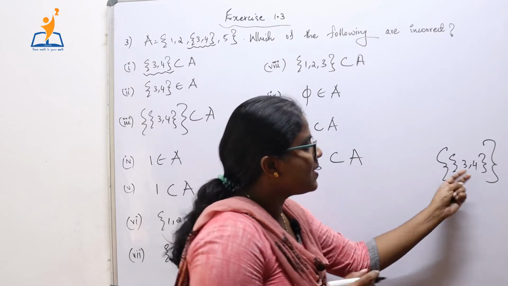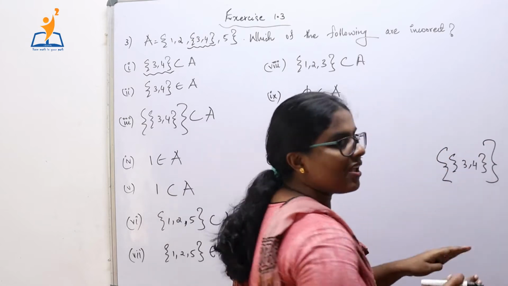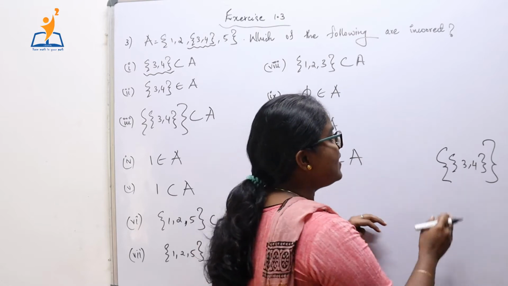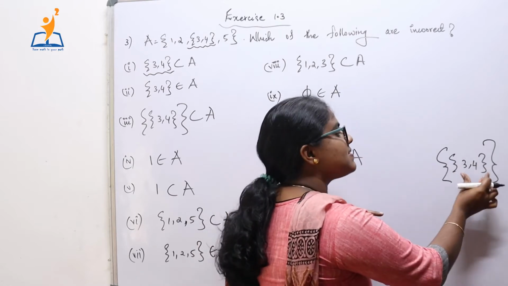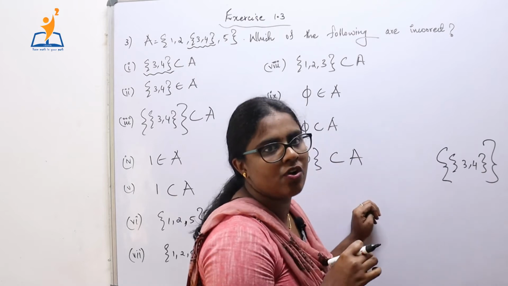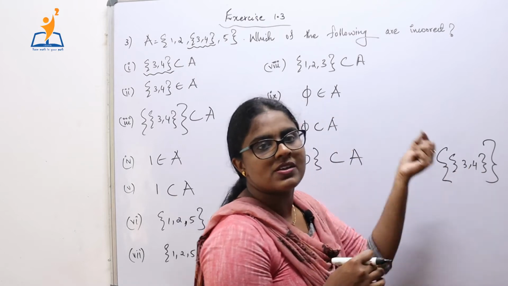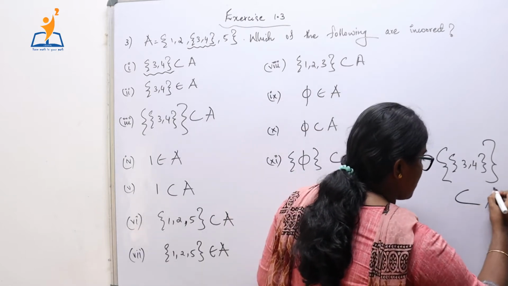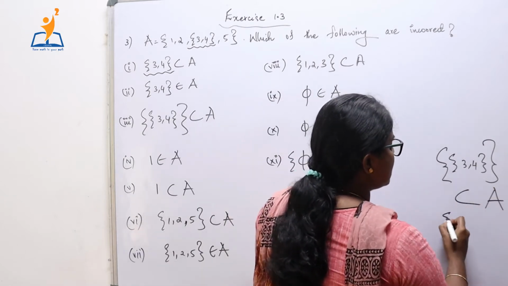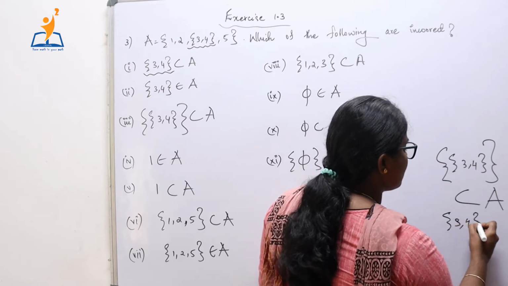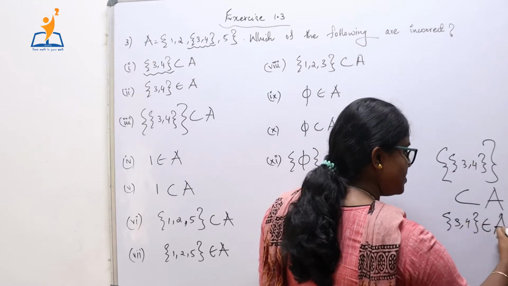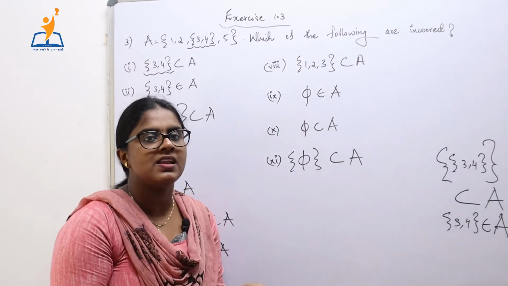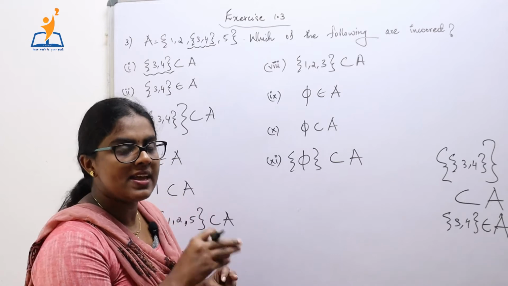So {3, 4} is not a subset of A, it is an element of A, but the set containing {3, 4} is a subset of A because {3, 4} is an element of A. So this is a subset of A, but this thing, that is {3, 4}, is an element of A. That is the basic difference between subset and element of a set.